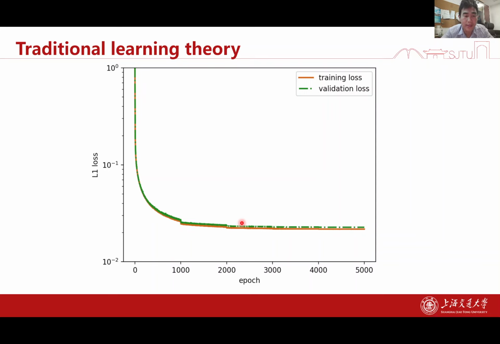We can see that they have a similar tendency, or in some cases, the test loss might increase at the end of the training stage. That is overfitting. After training, we can see there's a gap here, because the generalization gap exists.